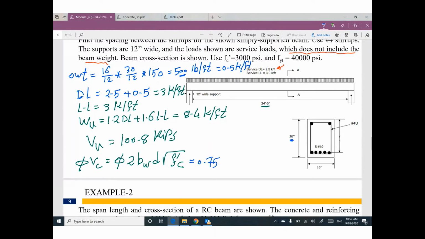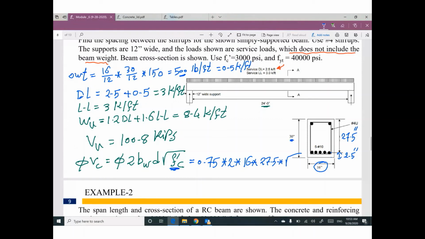2 b web, this width 16. Depth, what is the depth here? I'm going to assume 2.5 cover, so it will be 27.5, or 2 inch cover, as you like. So I assumed 2.5. So 27.5 times square root f prime c.